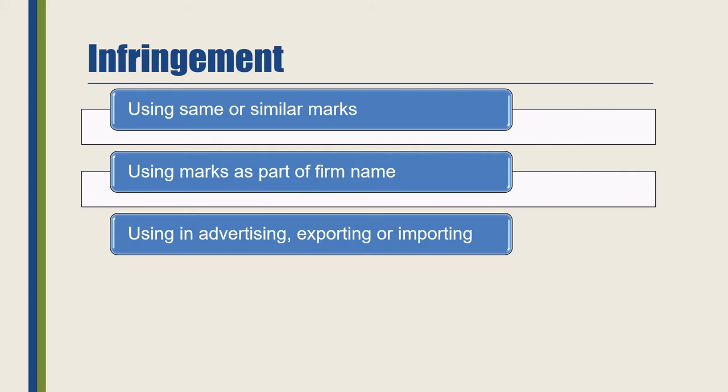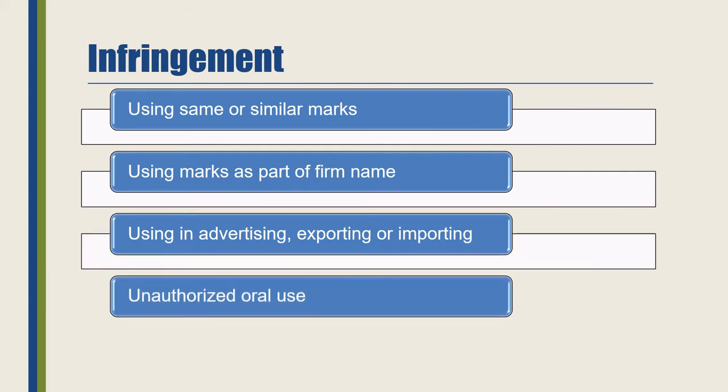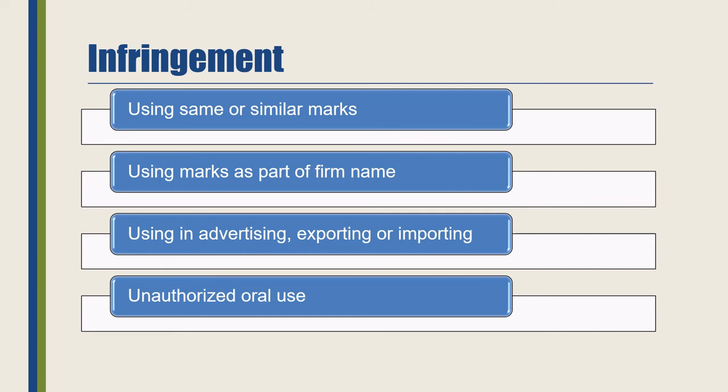Now, using the mark in advertising, exporting or importing is also a trademark infringement. Even though your mark is registered with a particular goods or a particular category of goods, using the trademark for some other class of goods or other services or part of the name of another company which is not at all producing similar goods will also be considered as trademark infringement. And the last one is that any unauthorized oral use of the trademark, need not be in writing.